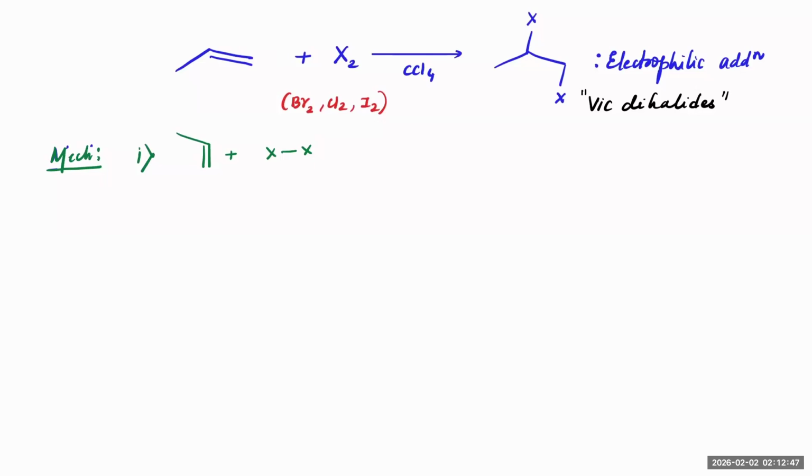Now notice, the pi bond will attack here. The pi will attack on this X and this X is being lost out. So how does the reaction take place here? First on this pi bond, one X got added here this way and that will get positive charge, and the other X has released as minus charge.